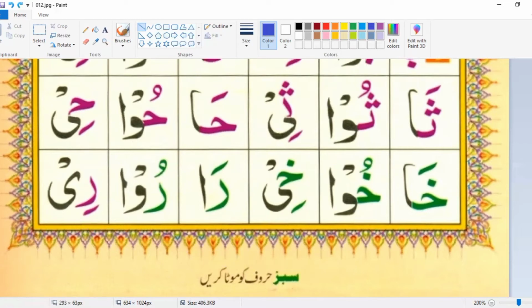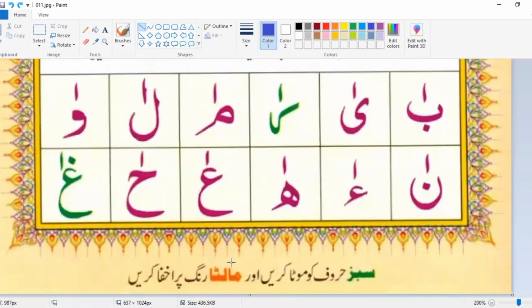Okay, next thing which we will read in this lesson is standing movements. Standing movements are three. Just like we read basic three movements, that was Fatha, Dhamma, and Kasra, there are three standing movements, means standing Fatha, standing Kasra, and inverted Dhamma.